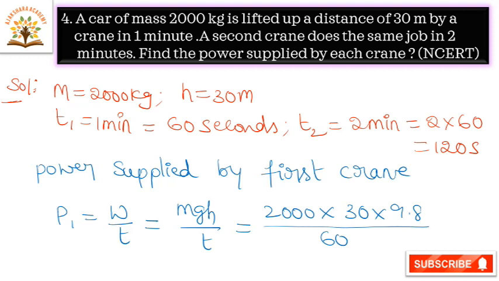Now the zeros cancel, 3 ones are 3, 3 twos are 6, and 2 ones are 2, 2 thousands. Now we are getting P1 is equal to 9800 watts.